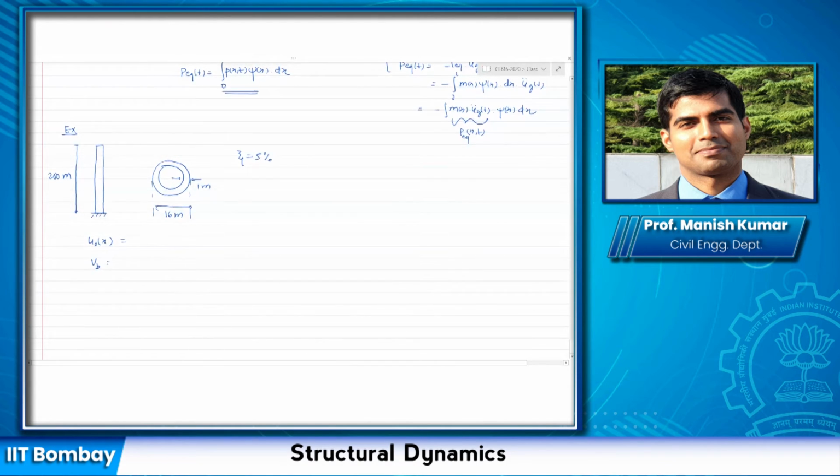I'll also give you how the moment of inertia is calculated: it is pi by 64 times d2 to the power 4 minus d1 to the power 4. So derive the expressions and find out the peak response u naught of x and the base shear Vb at the bottom. Take some time and solve this problem.